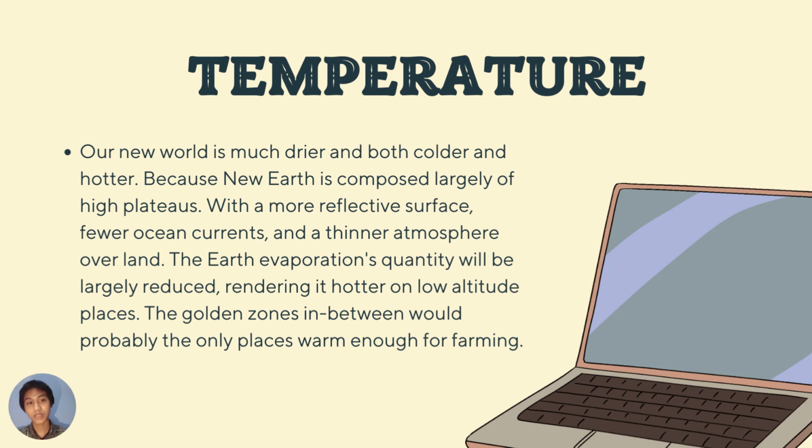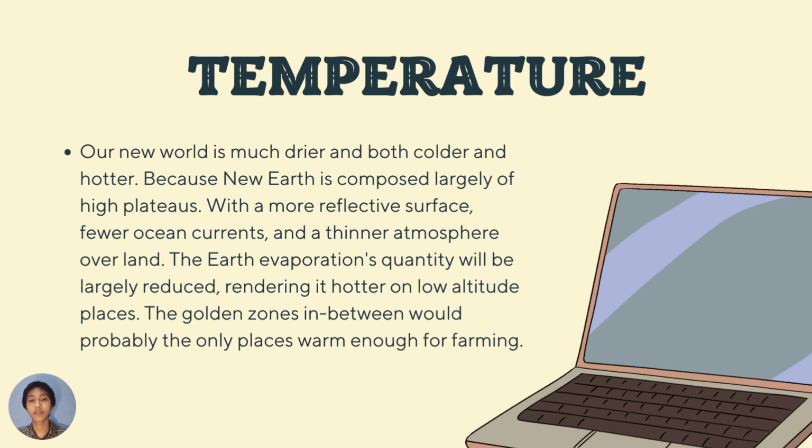Because it is composed largely of high plateaus. In our current world, there are so many deep oceans. So if we take the same sea level and reverse it, there will be a lot of high plateaus compared to now.